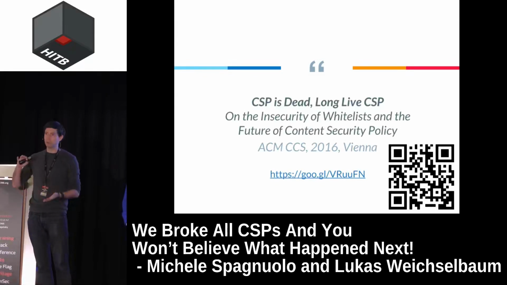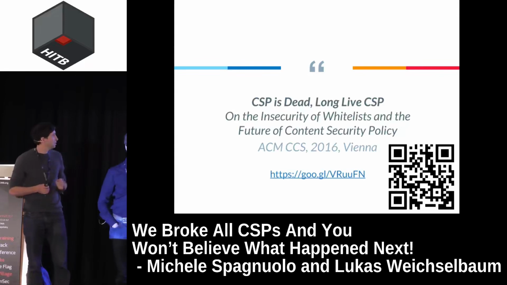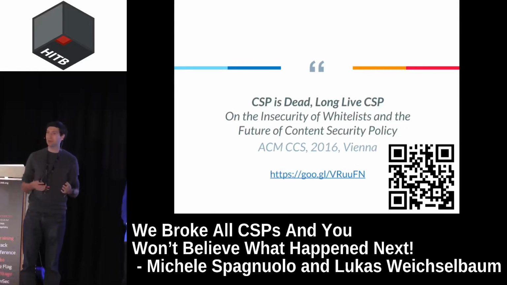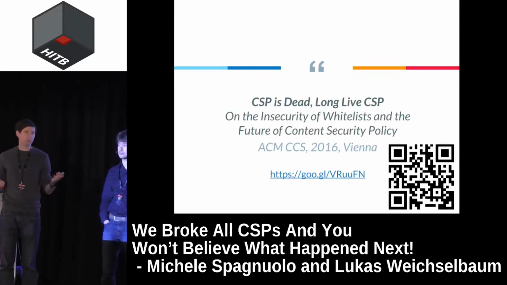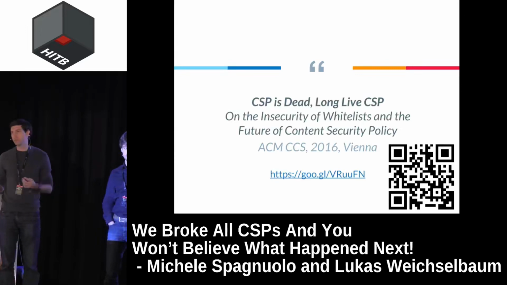Usually this list is enough to bypass most whitelist-based policies because all the CDNs have bypasses, right? And also the paper describes in detail how these bypasses work and how you can find bypasses yourself. It's not rocket science, it's just JSON-P endpoints you have to find in the domain and fiddle in the right parameters, and then that usually works.